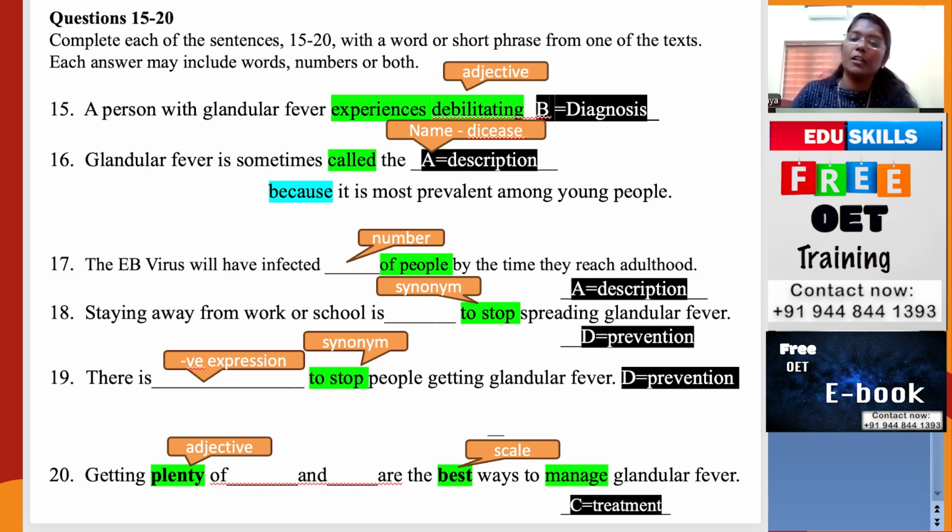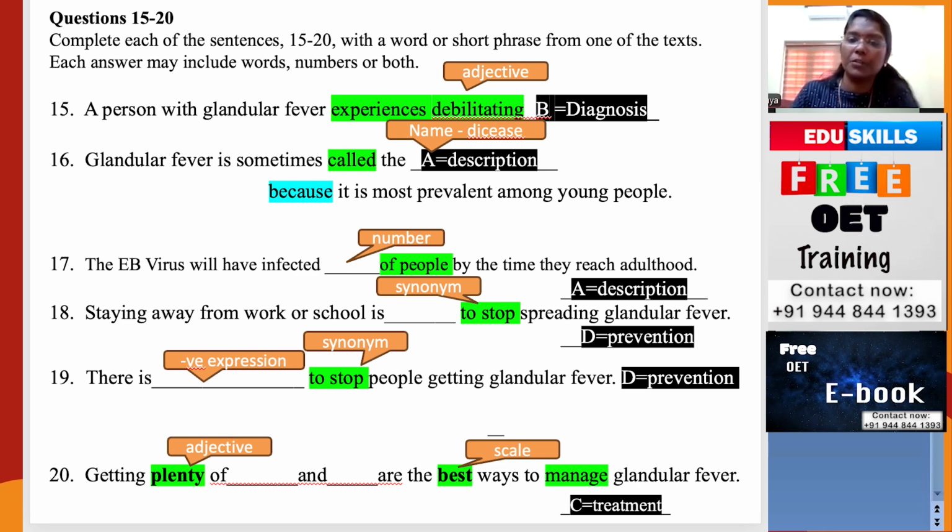Okay, if you have gone through this text, then you already got different clues: section headings, negative expressions, names, all these things you got while skimming. But have you covered these points?